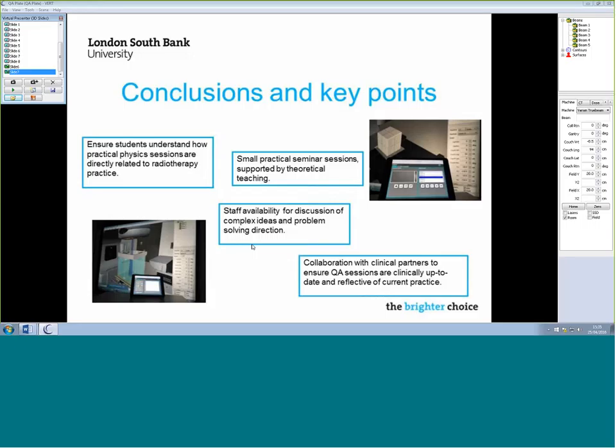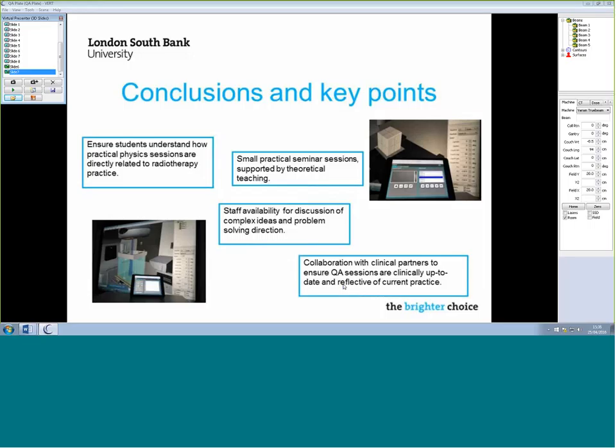But we have always acknowledged that physics can be quite a sticky subject, so we've made sure that they have a clinical or an academic member of staff to support them through these teaching sessions.